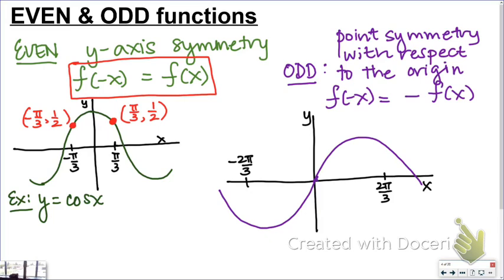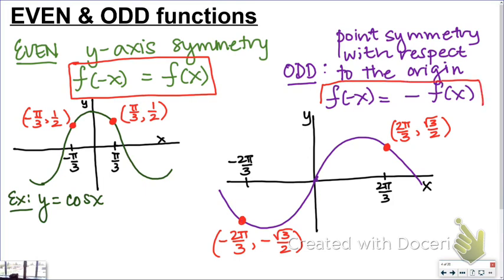So first of all, point symmetry with respect to the origin means I can rotate this 180 degrees and I'll get the same graph. Turn it upside down and you get the same graph. But I'll just pick a point here and I'll show you that this point is 2 pi over 3, the sine of 2 pi over 3, which is root 3 over 2. And then if I pick the point at negative 2 pi over 3, the sine of that is negative root 3 over 2. And there's one point that illustrates this relationship for the sine function.